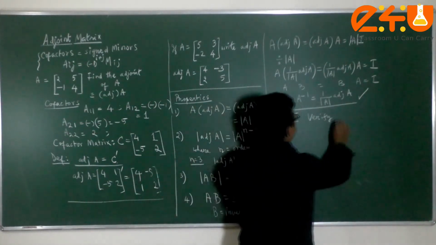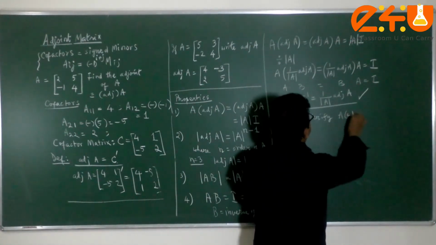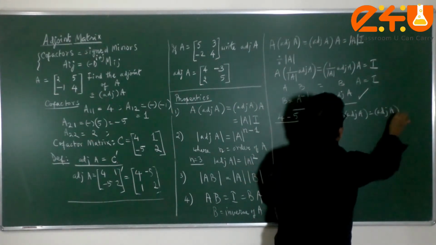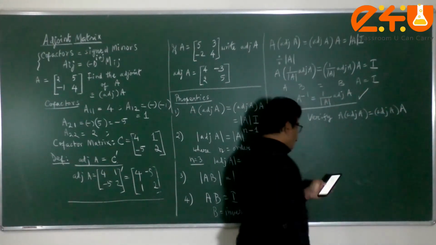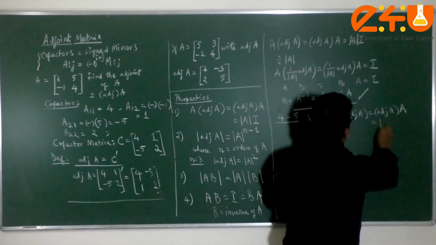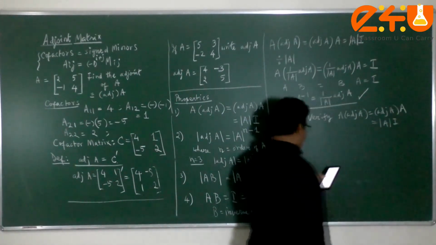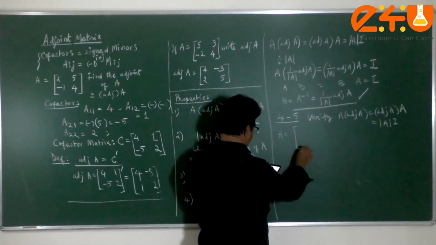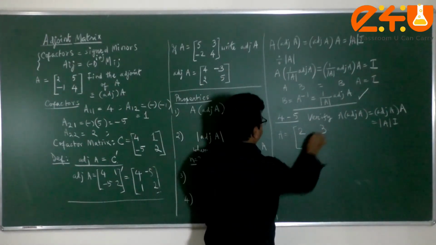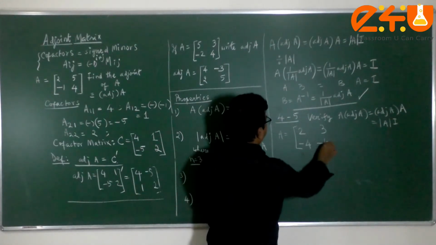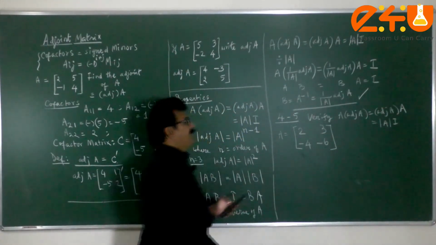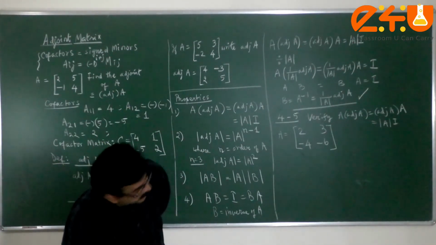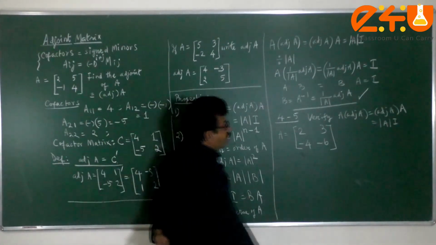Verify A times adjoint A same as adjoint A times A, and it is determinant A times of I. If A is [2, 3; -4, -6], okay, so that is easily solvable because it's a 2 by 2.